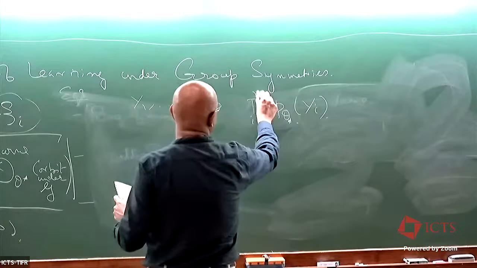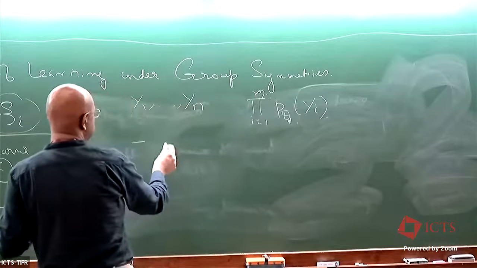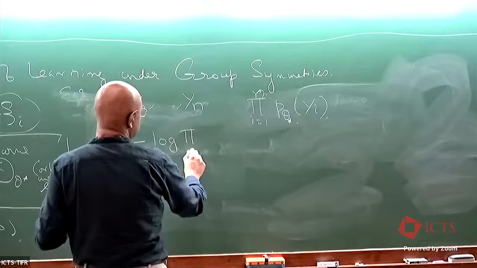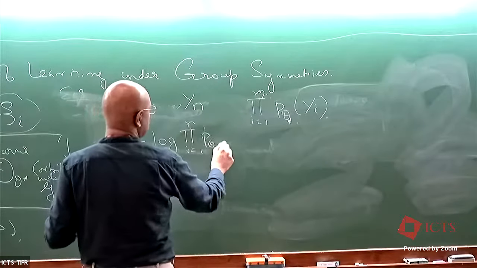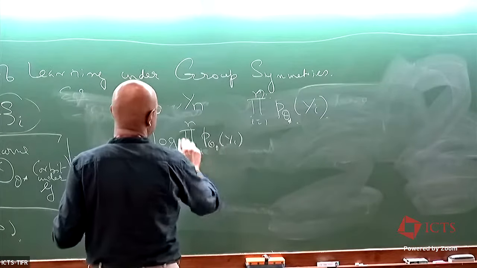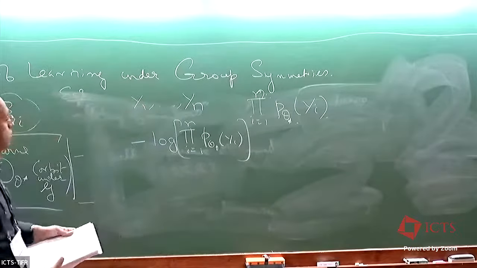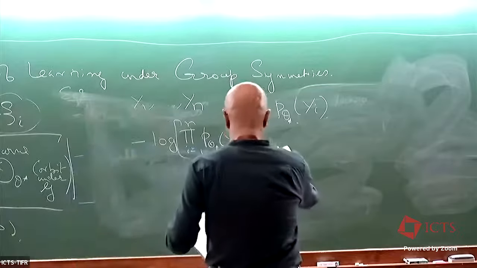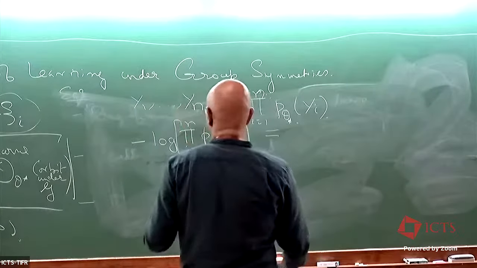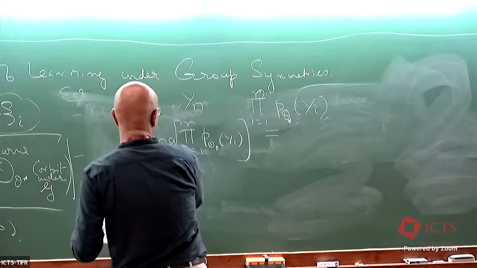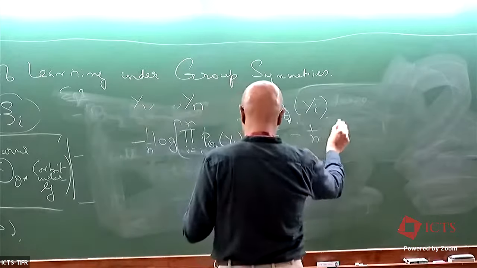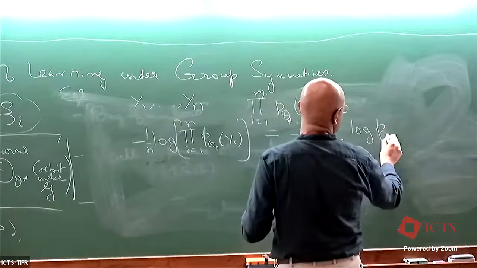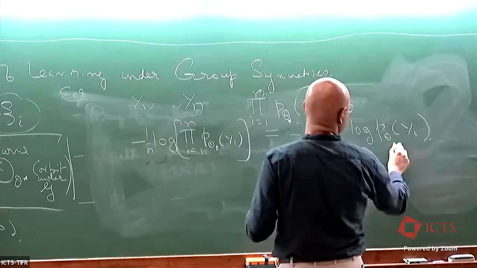The equivalent way people like to think about it is that you take the negative log likelihood, and instead of maximizing the likelihood you want to minimize the negative. You can also take an average, which doesn't matter, it's a constant for this purpose.